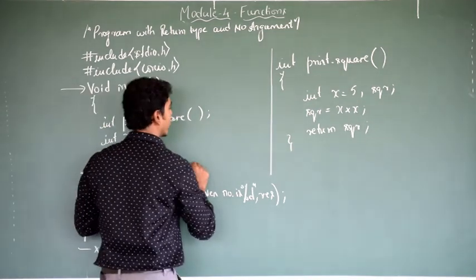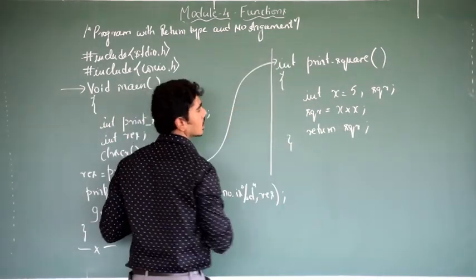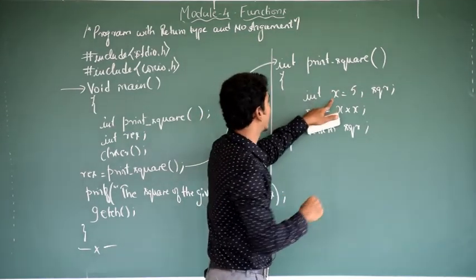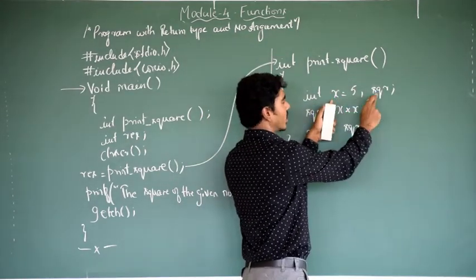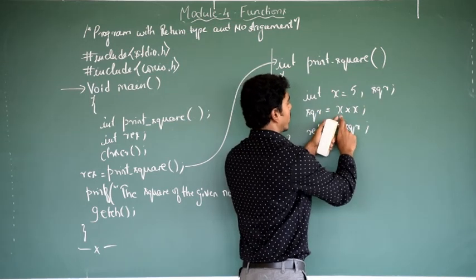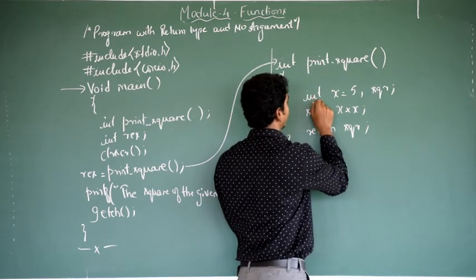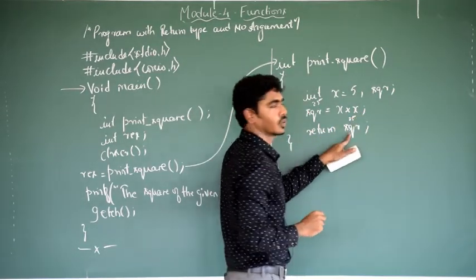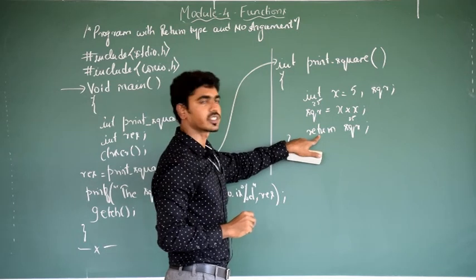So the control from here goes to the called program, and then here the actual execution of the task takes place. So here I have declared a value of x is equal to 5, sqr square. x into x is 5 into 5, that is 25. Now the value 25 is stored in this variable sqr. At last, I have a return statement.